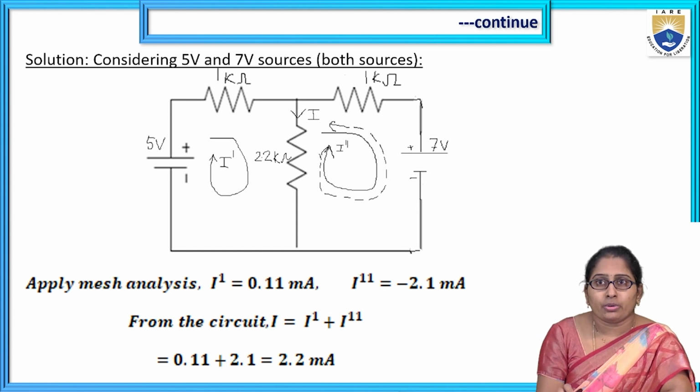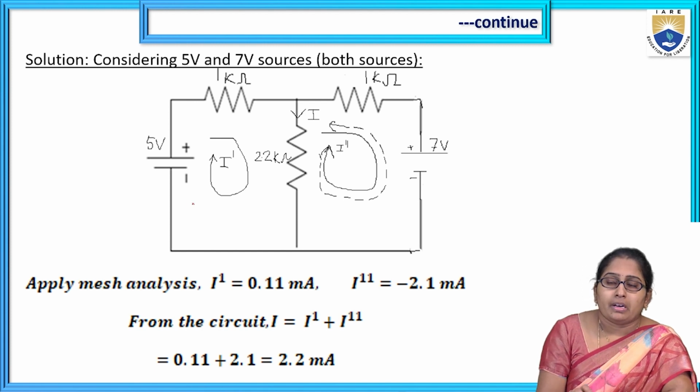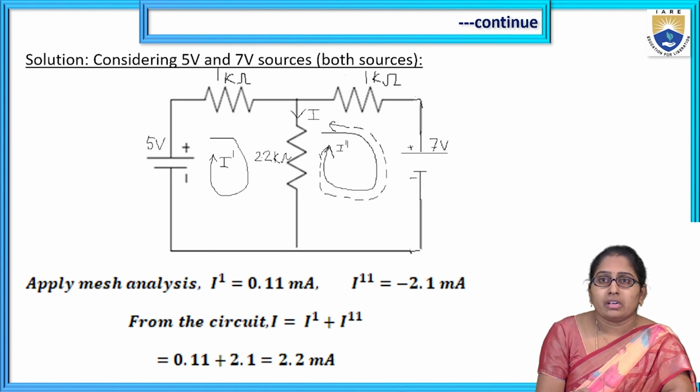So this is the circuit, taking the given circuit as it is, and finding the response in the 2.2 kilo ohm resistor. Let us say the current in the 2.2 kilo ohm resistor is I, capital I.